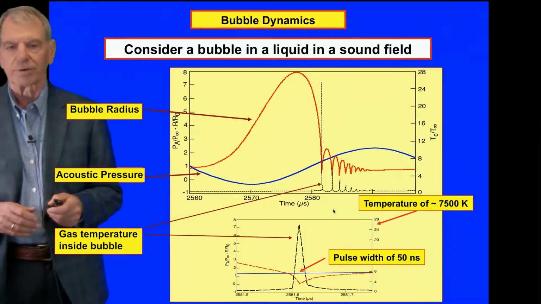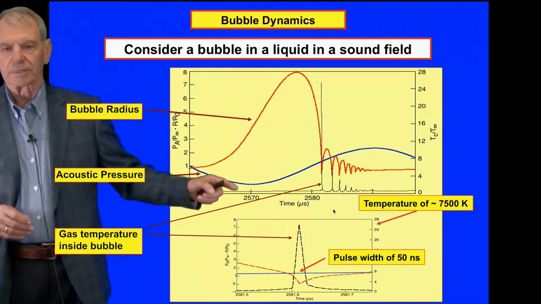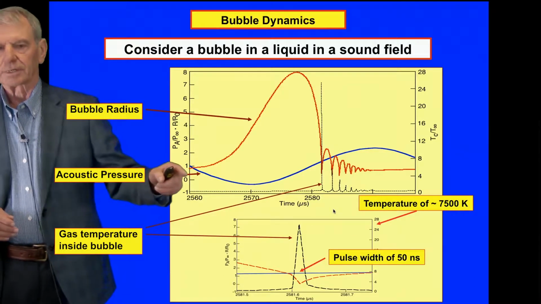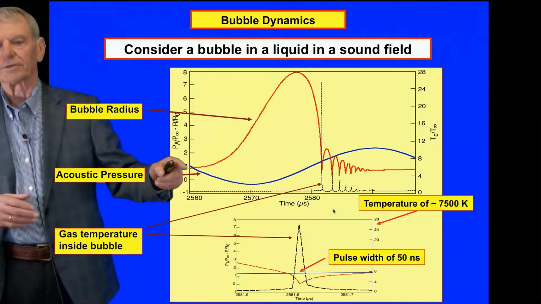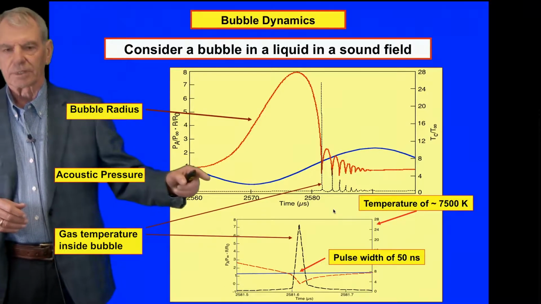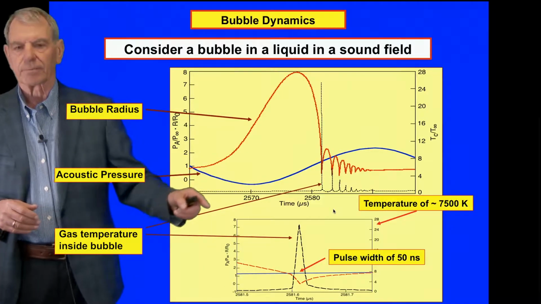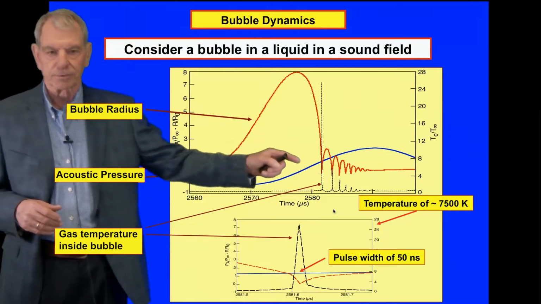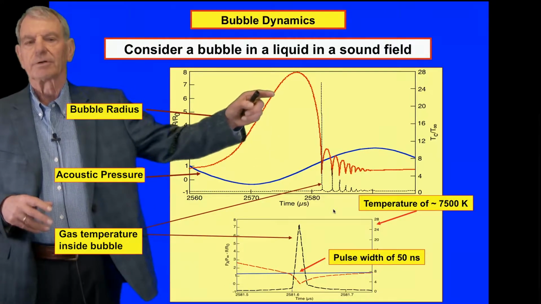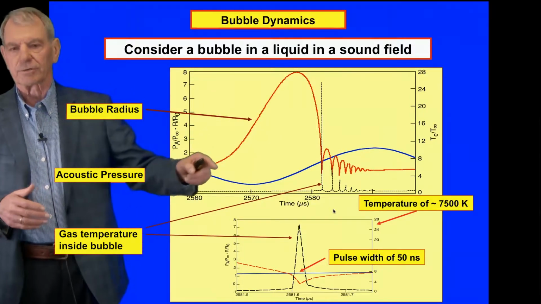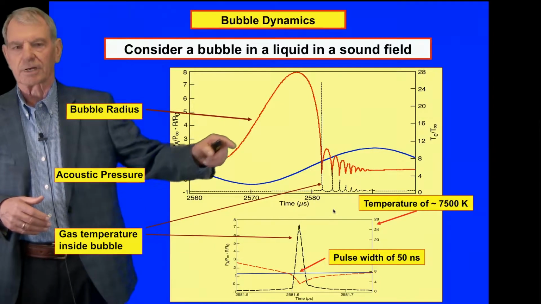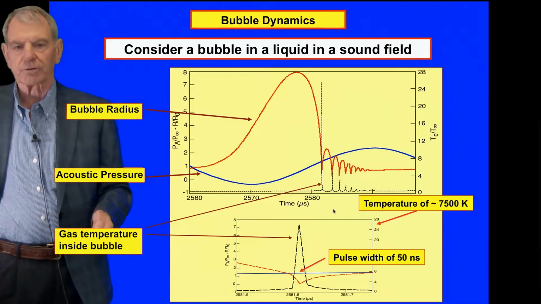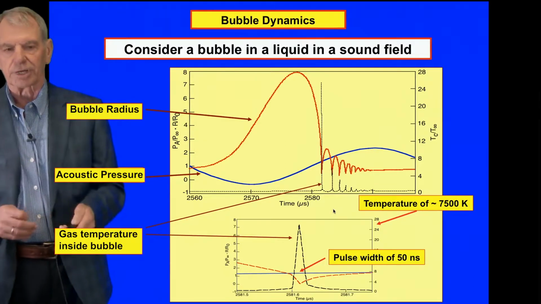So let's just examine what happens when you have an acoustic field that varies in time and a gas bubble of, say, 1 unit in size. When the pressure goes negative, then the bubble must grow. And when the pressure goes positive, this bubble filled with vapor, because it's growing to many times its original size, collapses. That generates shock waves and perhaps liquid jets.